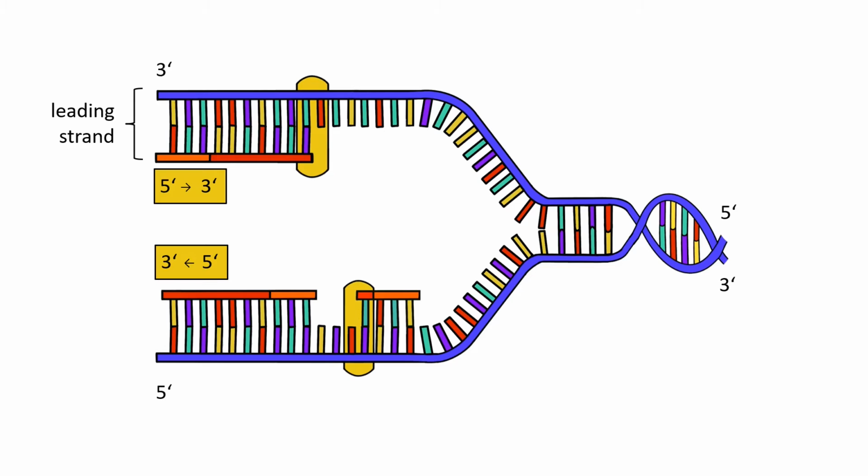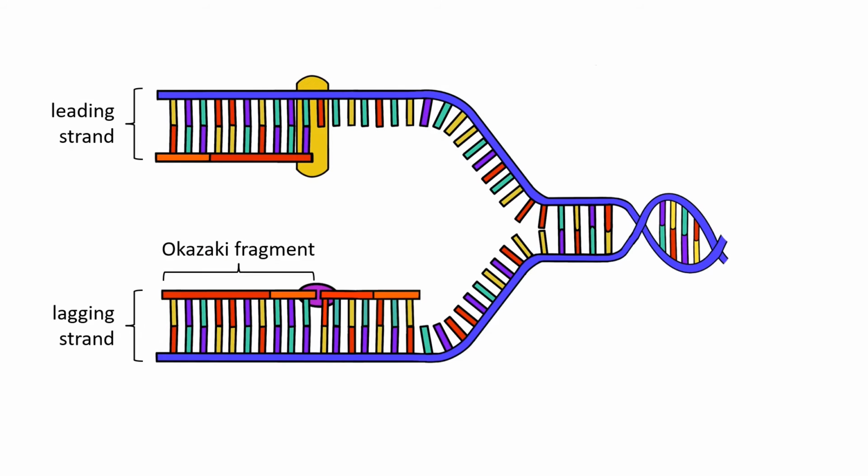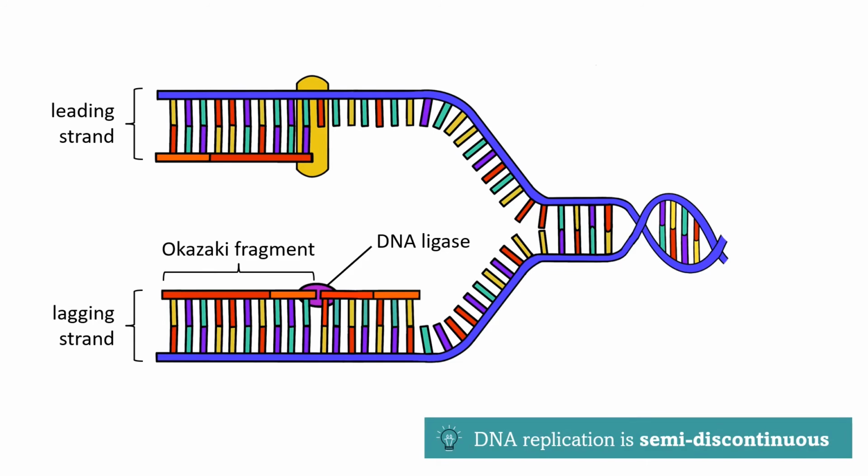This DNA strand is referred to as the lagging strand, and the small DNA pieces are called Okazaki fragments. These Okazaki fragments are later connected by another enzyme called DNA ligase. We say that DNA replication is semi-discontinuous, as one DNA strand is synthesized continuously and the other discontinuously.